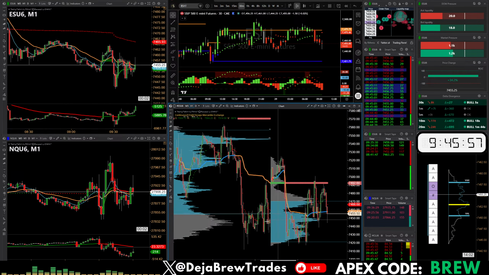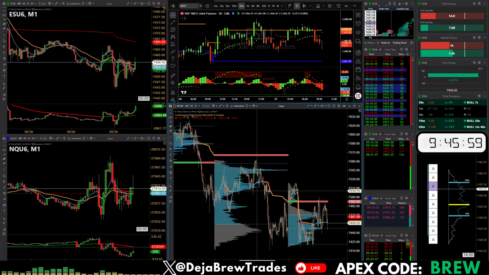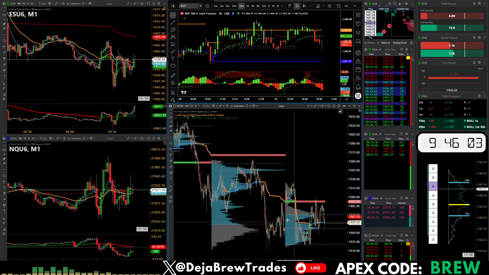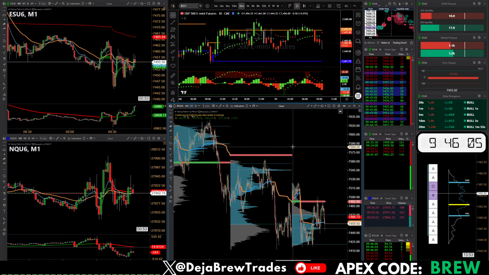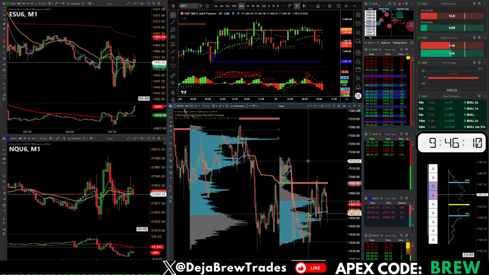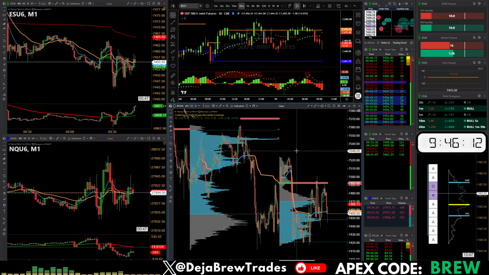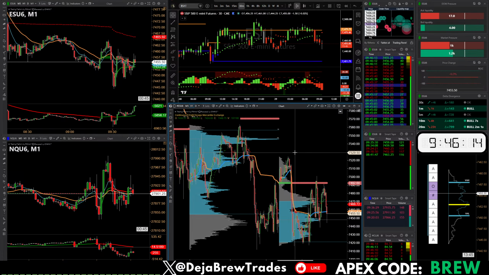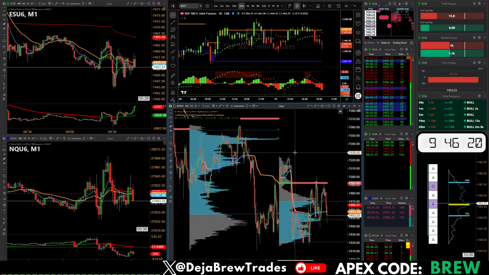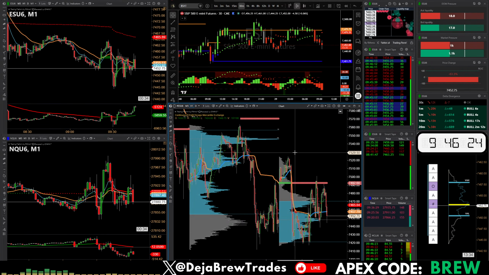And I also have the weekly over here, which like I said, we talk about typically once a week. I should go over this more. I'll try to go over this a bit more. We'll take a look at it every now and then. But the weekly profile is usually for longer trades, not so much for scalping and day trading.